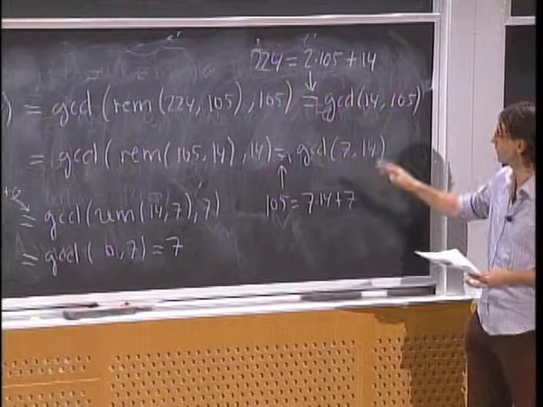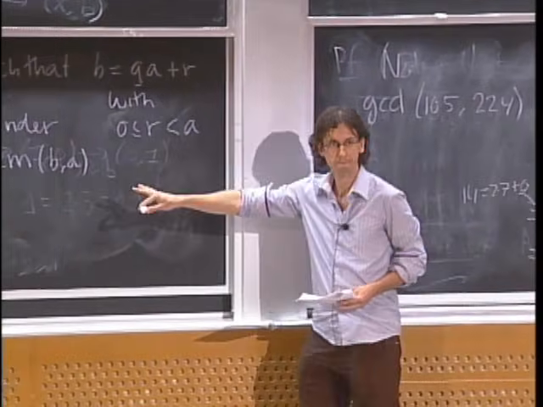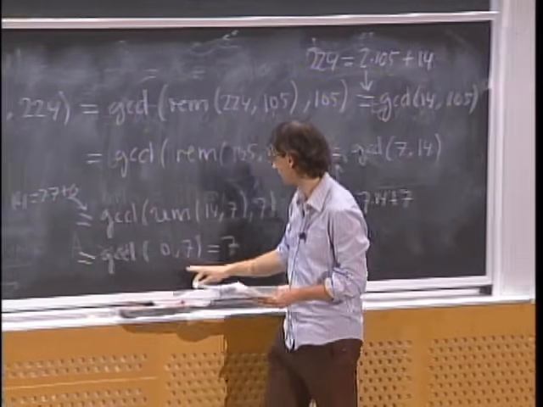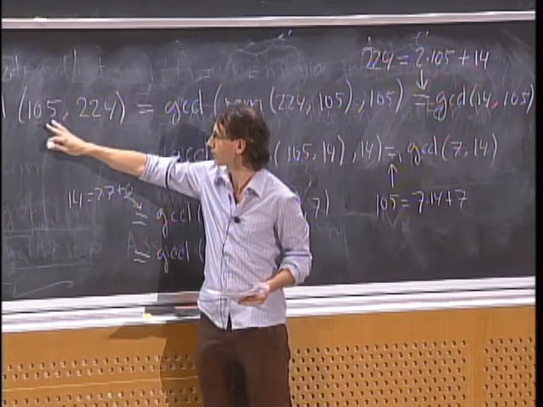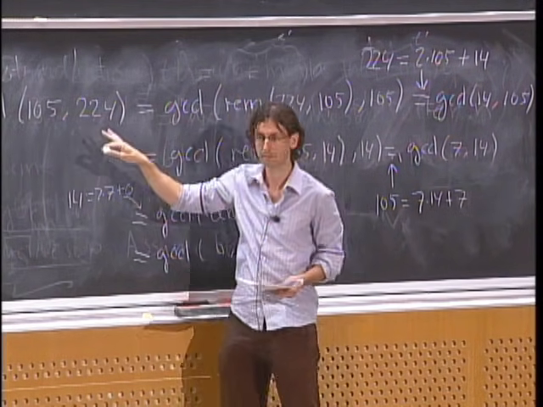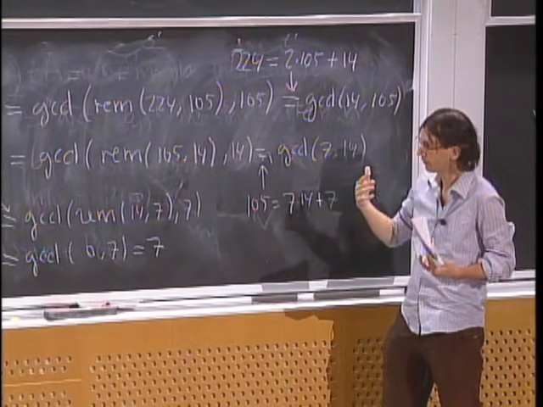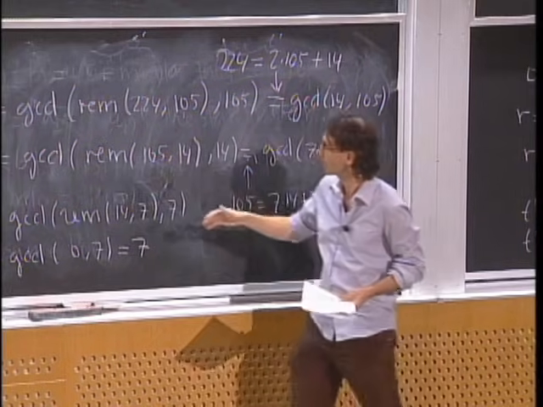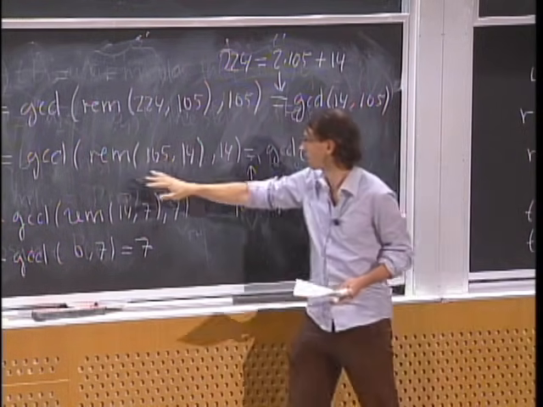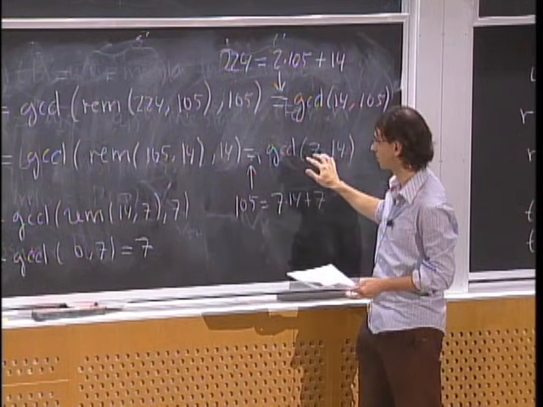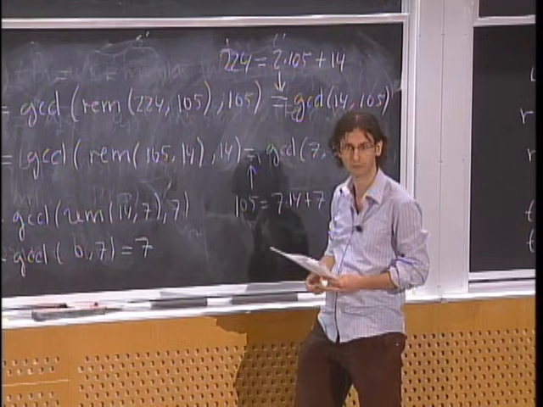So essentially what we have done here, we have repeatedly used this particular lemma to compute, in the end, the greatest common divisor of 105 and 224. We used the lemma, and we worked it out. We used the lemma again, and we just plugged in the actual numbers. Used the lemma again, plugged in the actual numbers, and so on.